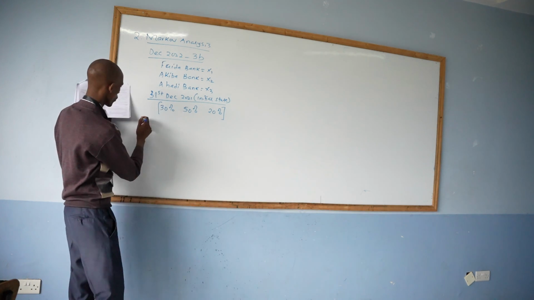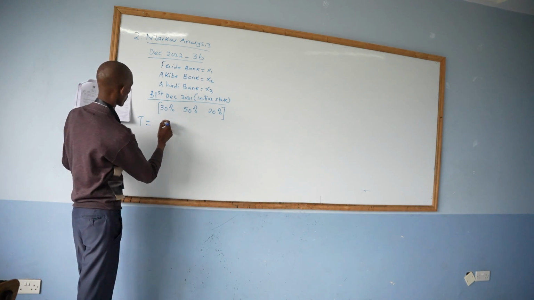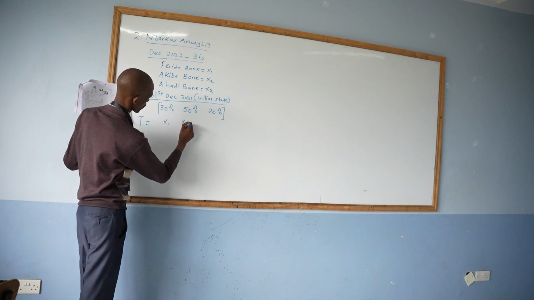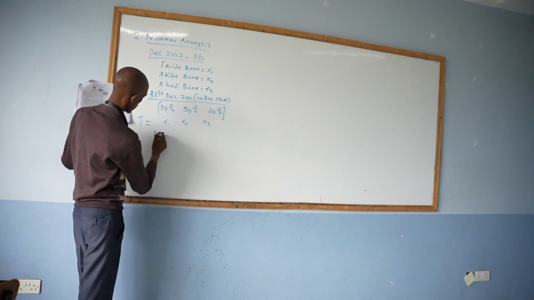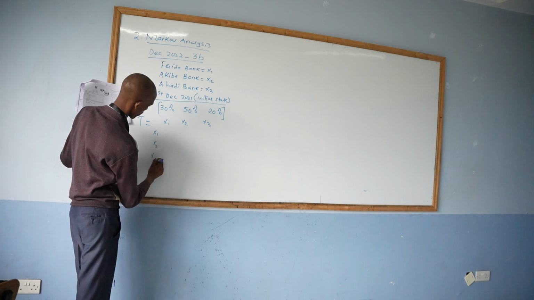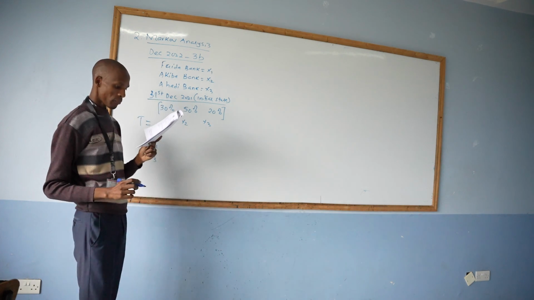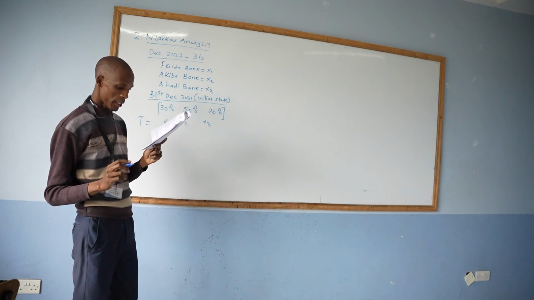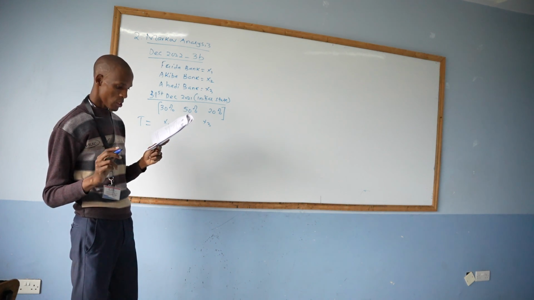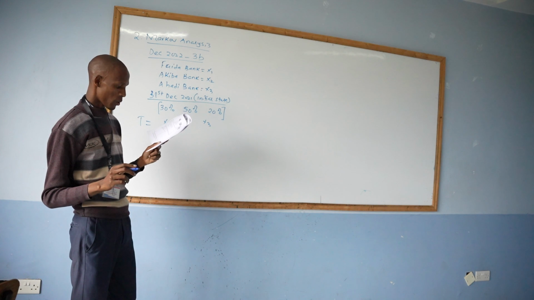So let us now come to the transition matrix. We have X1, X2, X3 by X1, X2, X3. We are told a survey was conducted on market share of the three banks' assets at first December 2021 and revealed the following.